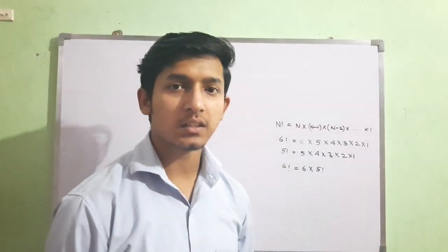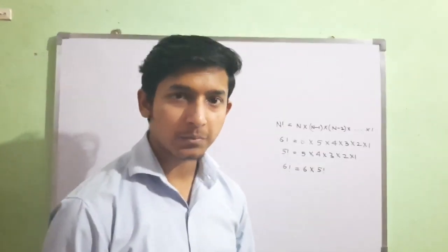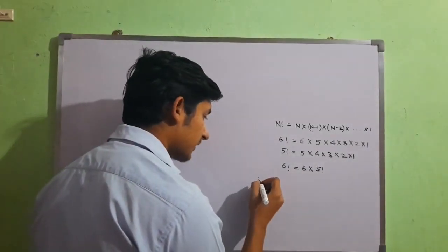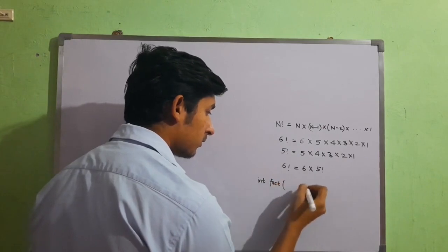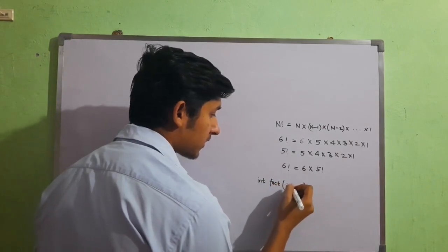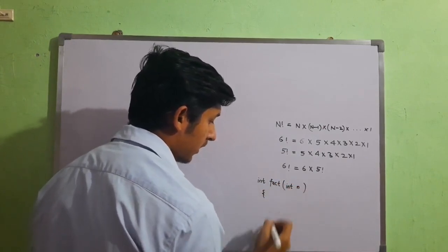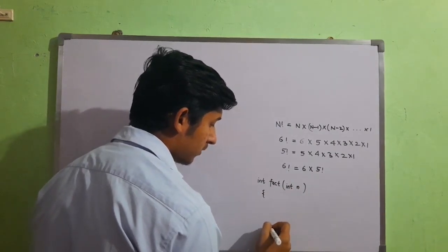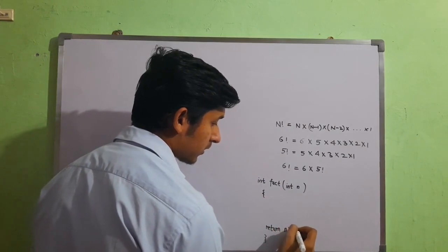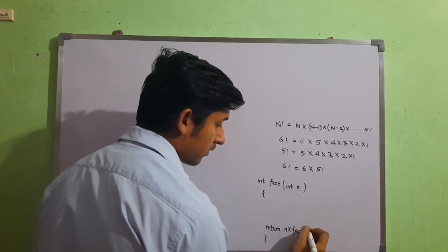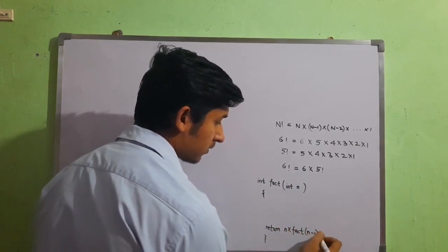Suppose I write a function that will return the factorial of a number. So the function will be like this: int factorial. It will take an integer n and will return n cross factorial of n minus 1.